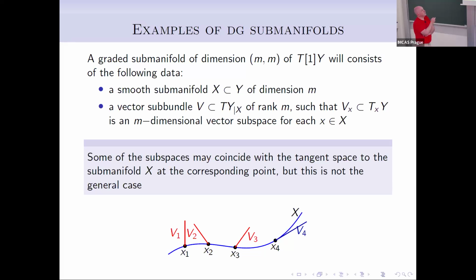If it's not of degree m|m, there can be some other examples. For instance, every involutive distribution can be viewed as a Q submanifold. It's not of that type. But if the even and odd dimensions coincide, then it's necessarily of that type. And this is an easy exercise to see why it is so.